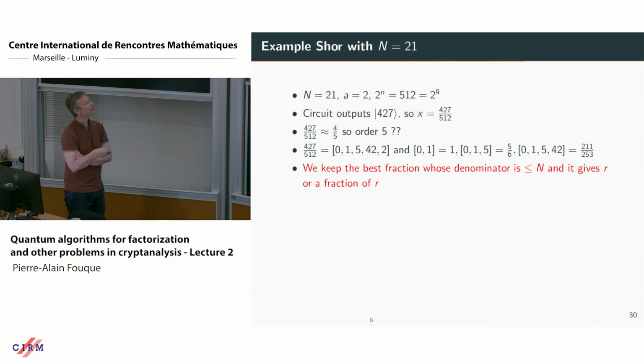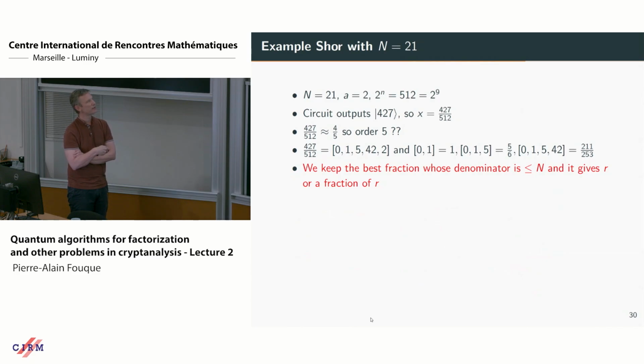And since we know that the order that we are looking for is smaller than n, and n is 21, we know that we are looking for a value that is smaller than 21. Here you see that the value we have on the denominator is larger than 21.